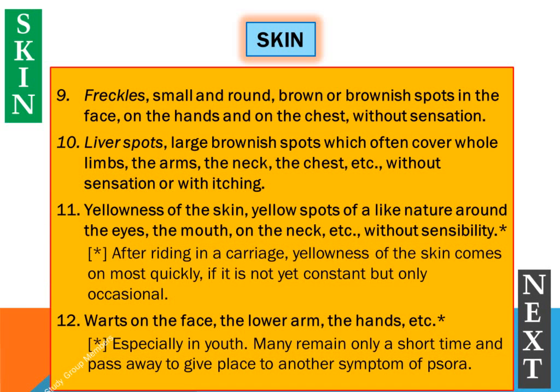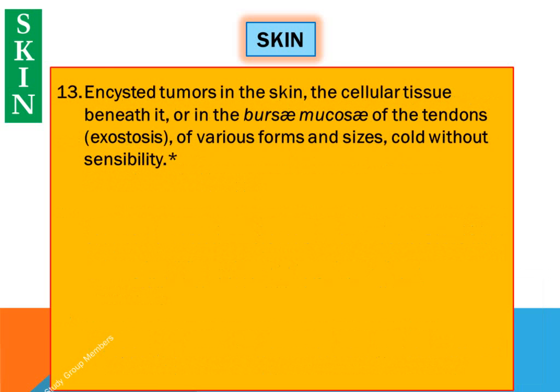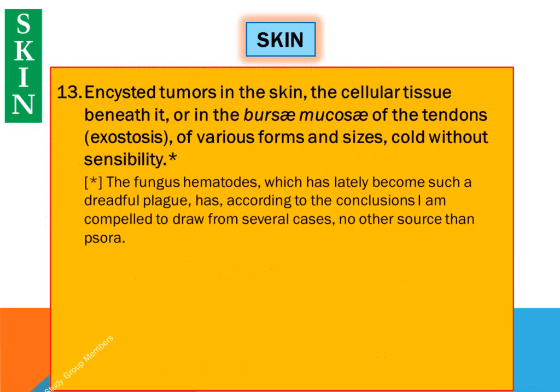Even those who believed in psychotic and syphilitic different descriptions of warts also said that Dulcamara has the warts on the face and palms of hands. Now these are psoric warts. Especially in youth, many remain only a short time and pass away to give place to another symptom of psora. That is, psoric symptoms keep on changing, coming one after another.